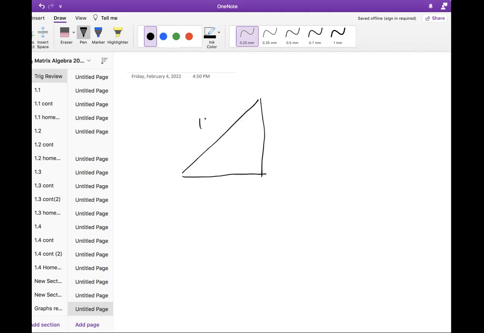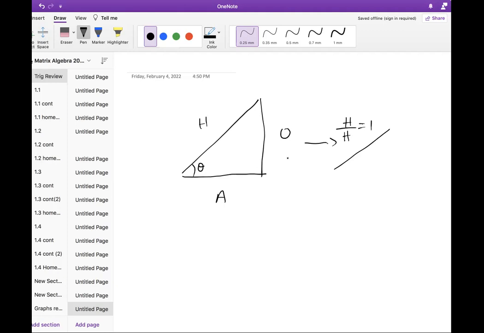If I have side H, side O, and side A, and I want to scale this down to 1, essentially what you're doing is dividing the length of the hypotenuse by itself. So I'm taking the hypotenuse and dividing it by itself, which is 1.